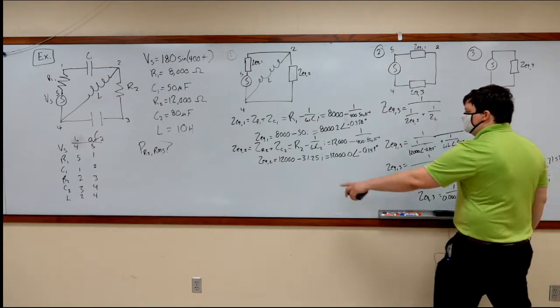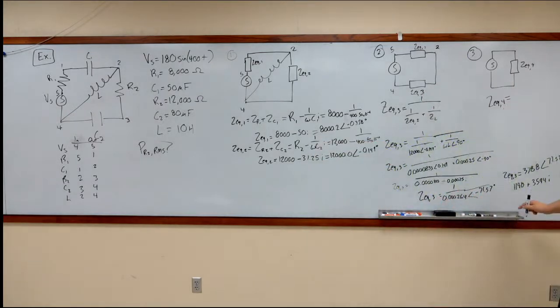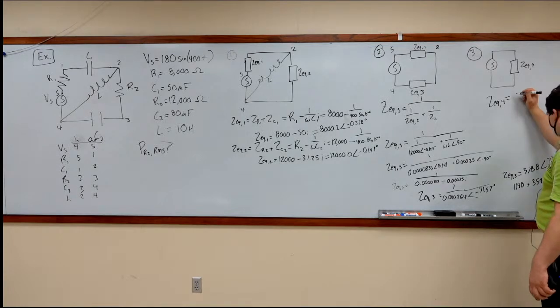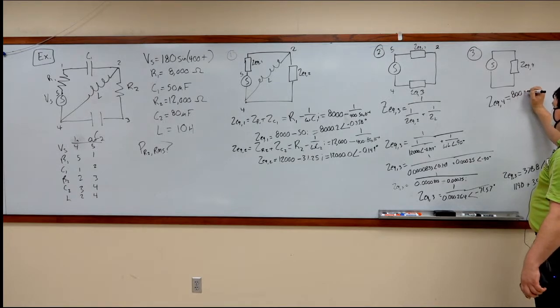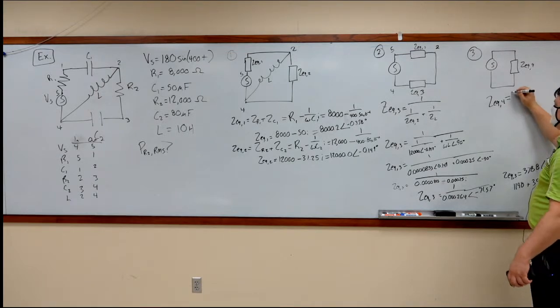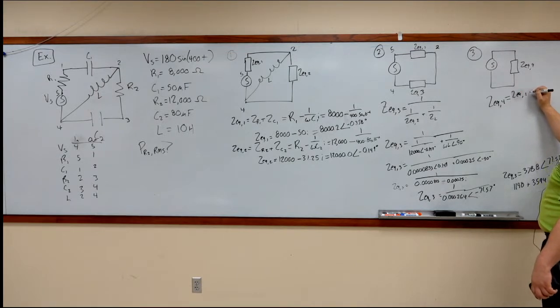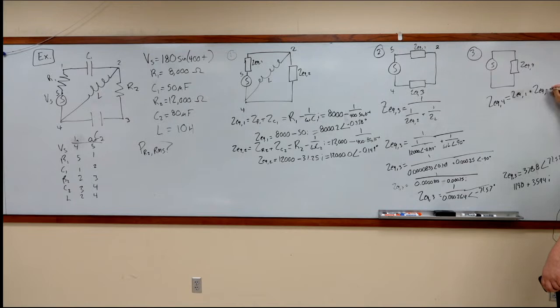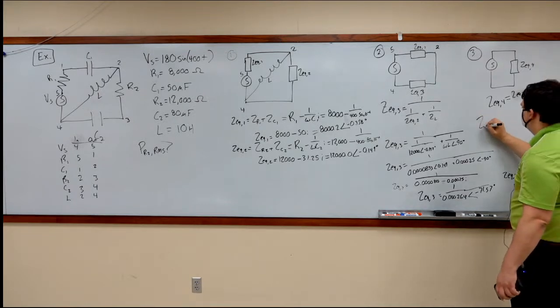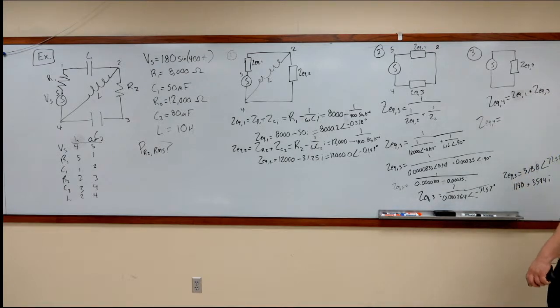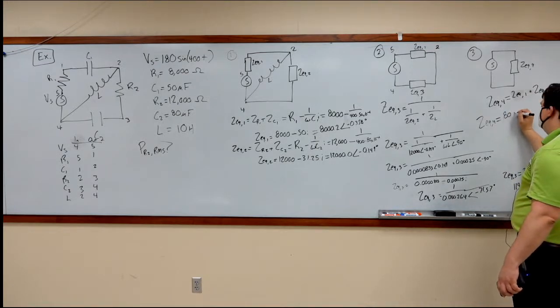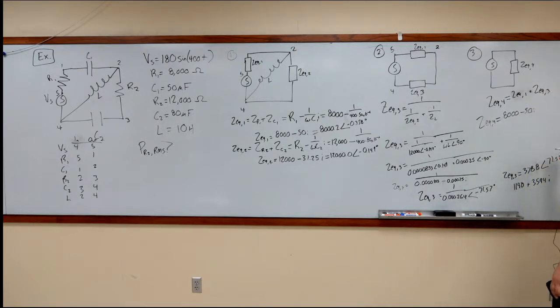So that is equal to 8,000 minus 50I plus 1198 plus 3594I. Let me write out the formula: ZEQ1 plus ZEQ3, and that's equal to 8,000 minus 50I plus 1198 plus 3594I.